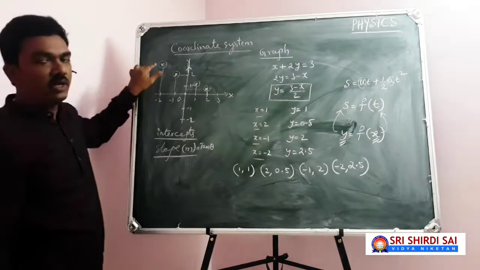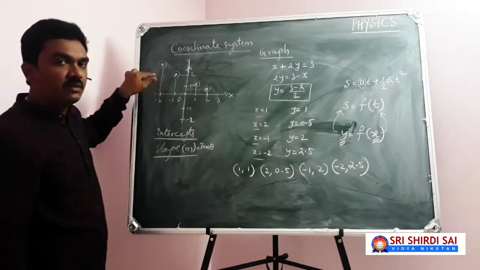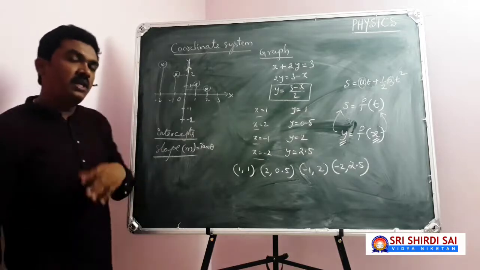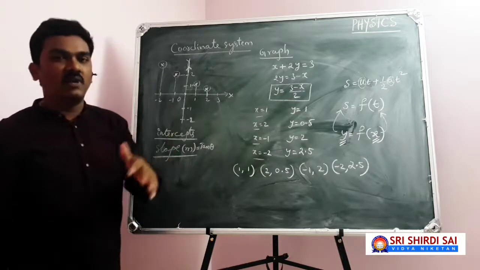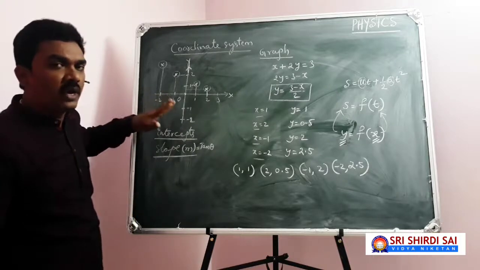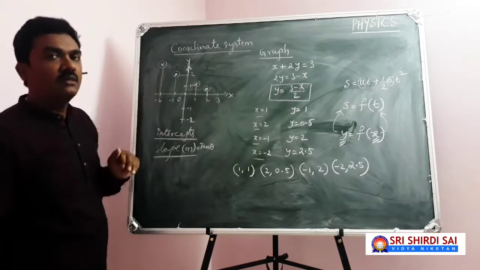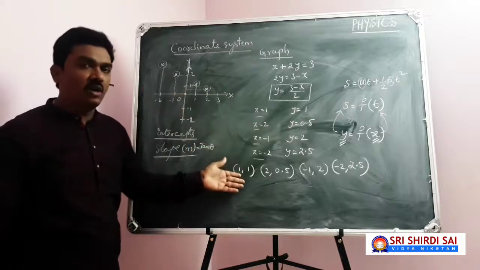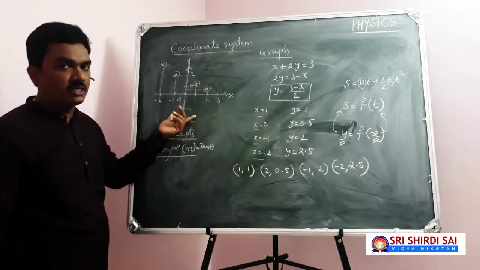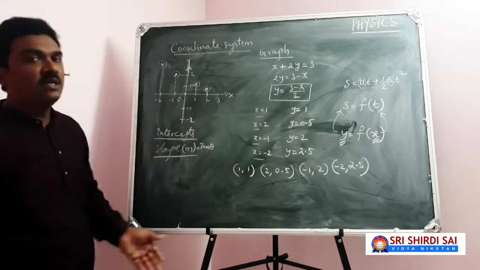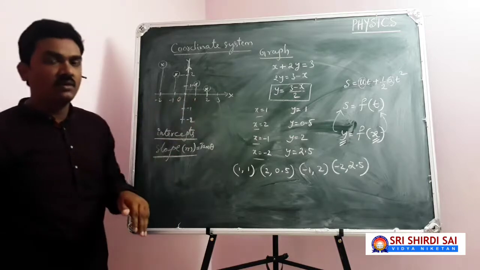If you are going to join all these points, then you will get either a straight line or a curve. Need not be a straight line always. You need to join all the points with your free hand. Then the shape obtained on joining all those ordered pairs in the coordinate system may be a straight line, may be a curve.